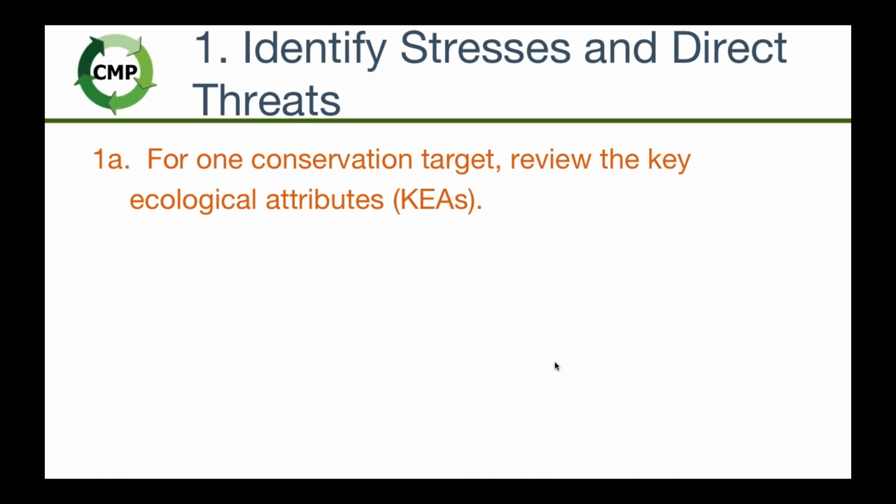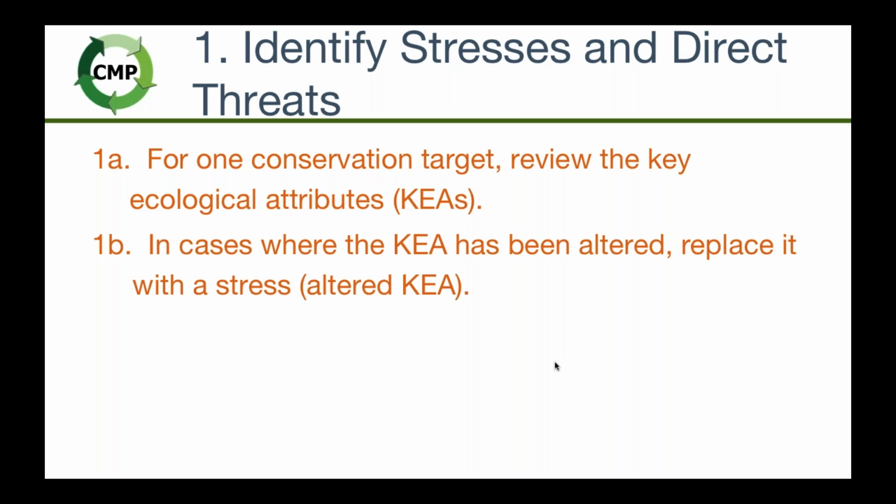So this is an approach that a U.S. Fish and Wildlife Service team has used for a lot of planning in California. For one conservation target, they reviewed the key ecological attributes for each one of their conservation targets.